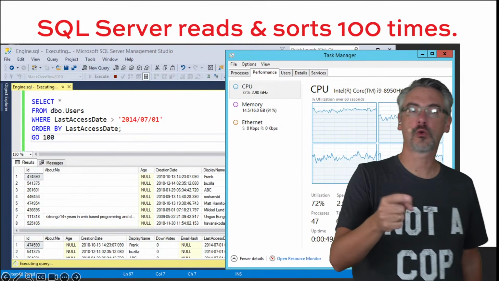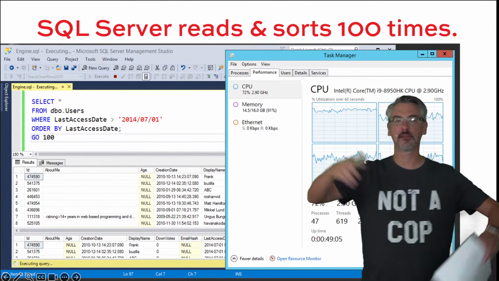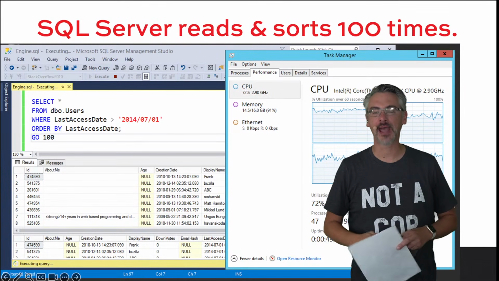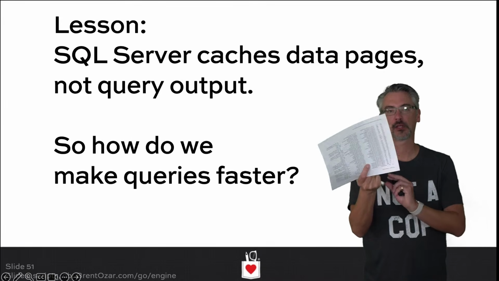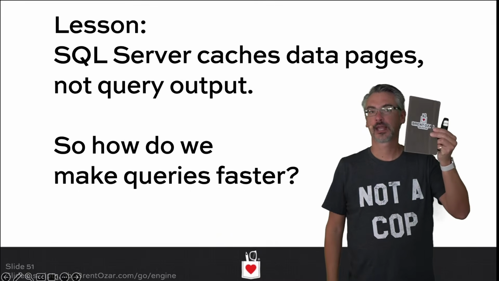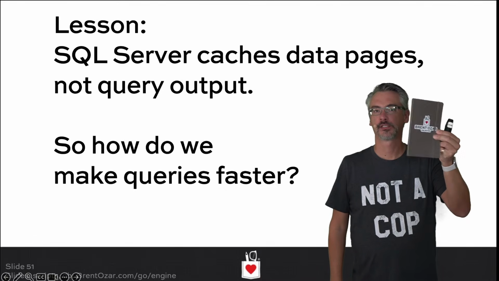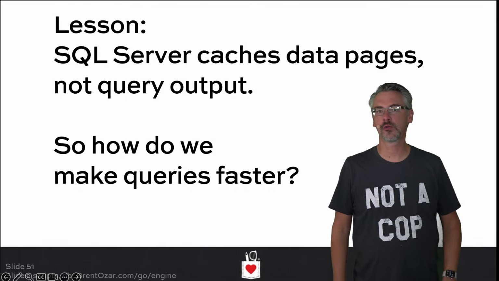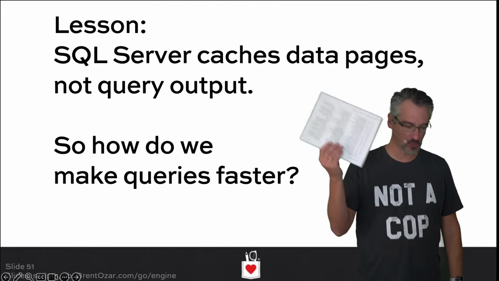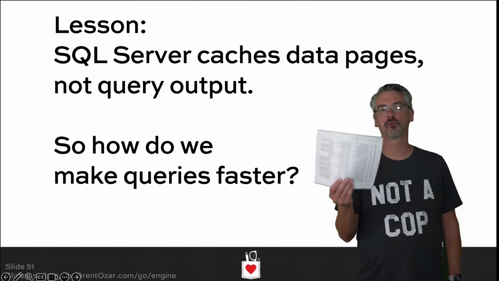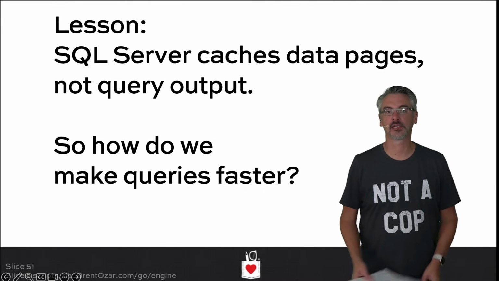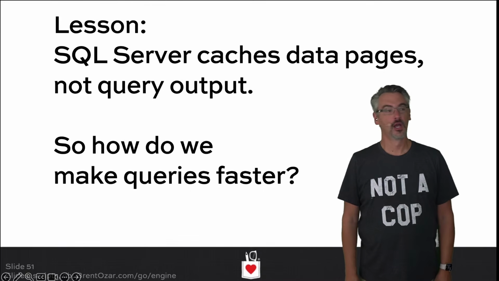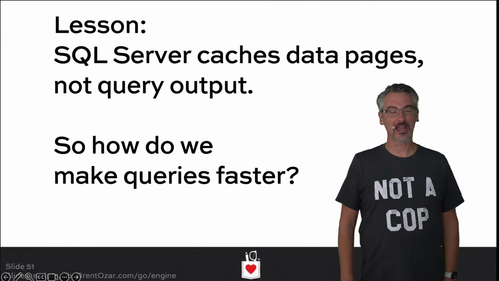SQL Server doesn't cache query results. SQL Server only caches the raw underlying data. So when people say it's okay, the data's in cache, no, it's not. It's going to suck.